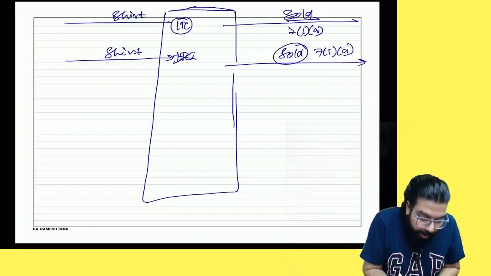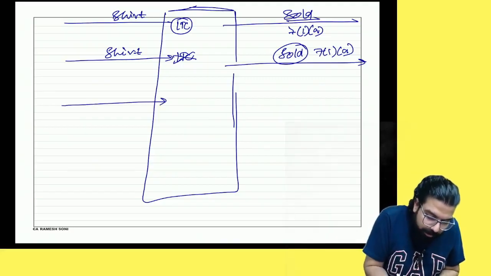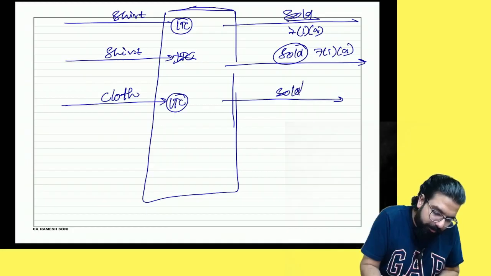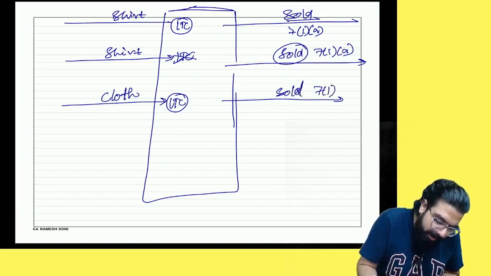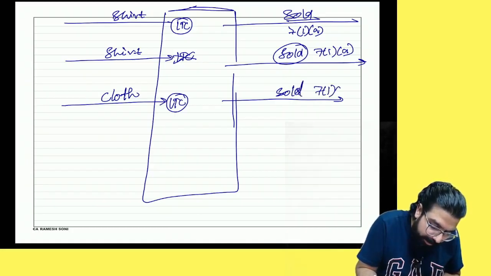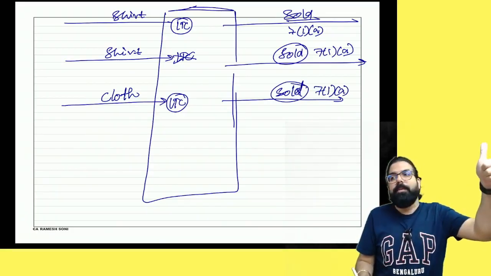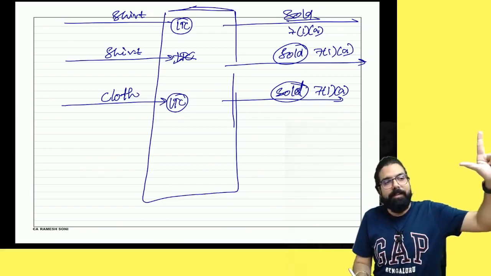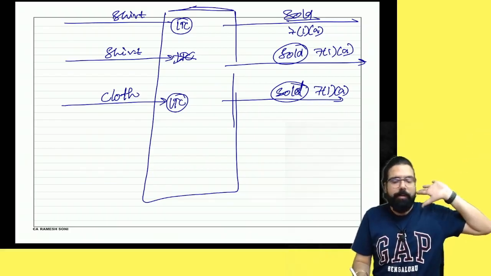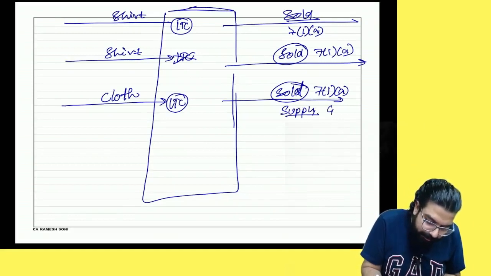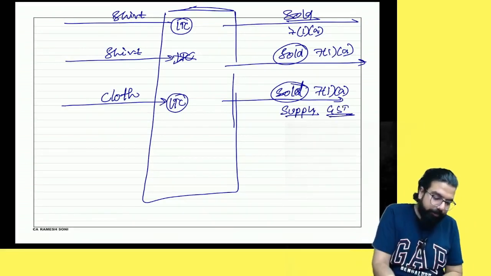Next. I bought cloth. I took ITC on cloth. That cloth only I sold. 7-1. Why? Sold. Sale for a consideration in the course of business. Is it supply? Will GST come? Okay. Next.